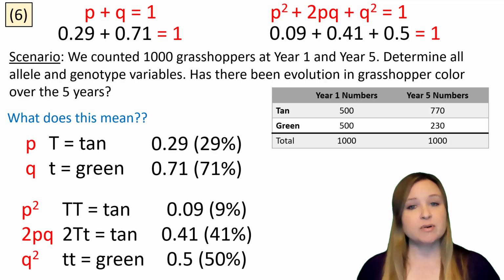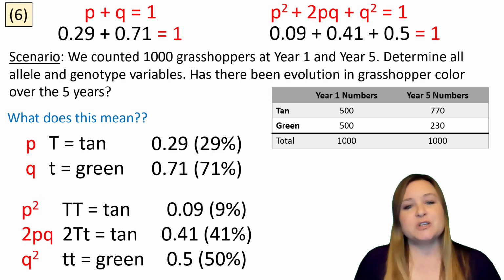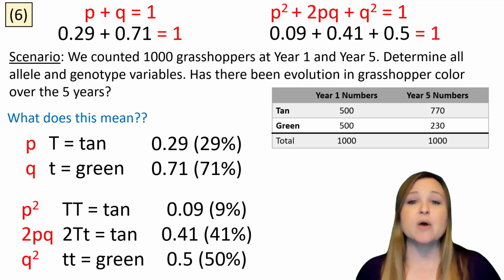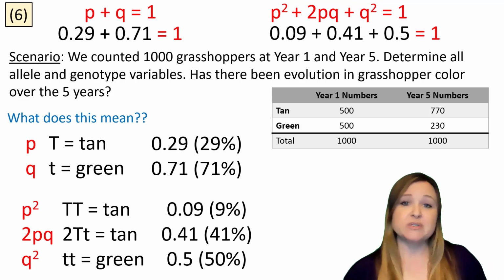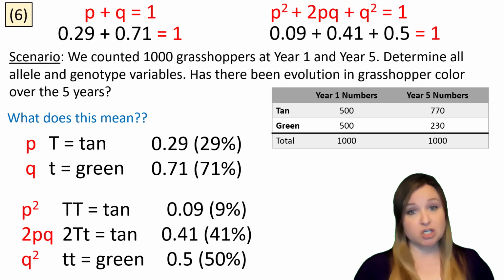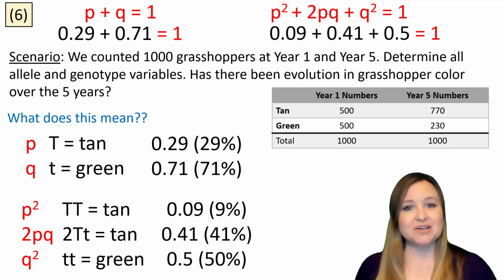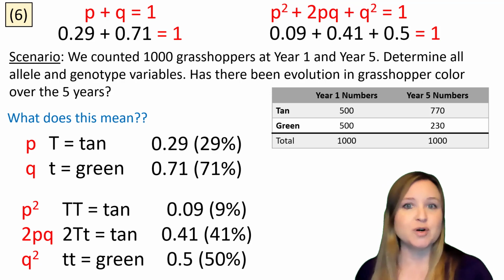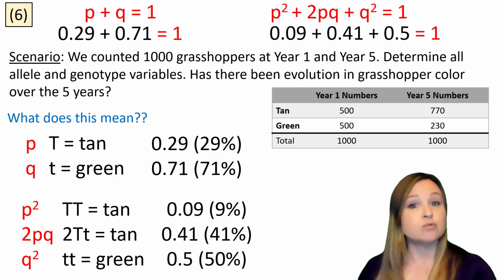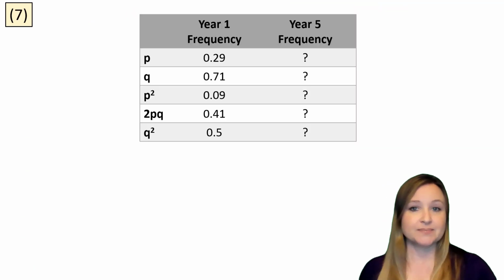So the Hardy-Weinberg principle is a few simple equations that allow us to figure out the frequency of the alleles, P and Q, the dominant and recessive allele, and then the frequencies, therefore, of the genotypes formed by those dominant and or recessive alleles.